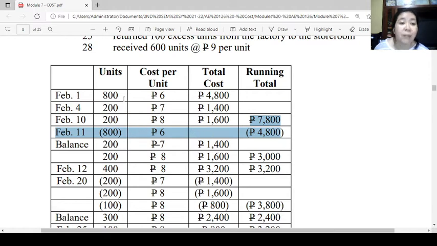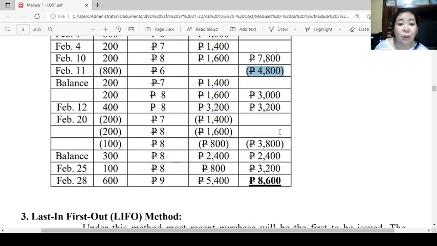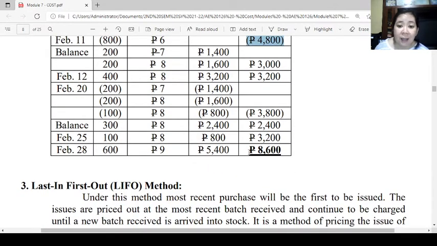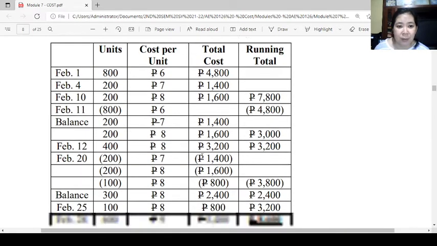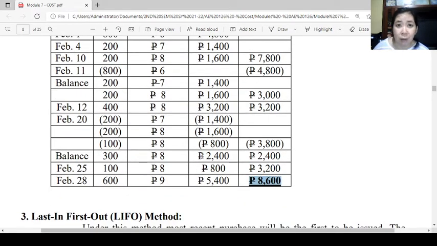Okay, so on a first in first out basis, we will get it from the beginning items. So these are our deductions right here from the balances. Okay, and so on until we get the ending inventory. So we have this in our previous module, as you could still remember. So this is just to show how to account for FIFO method costing.